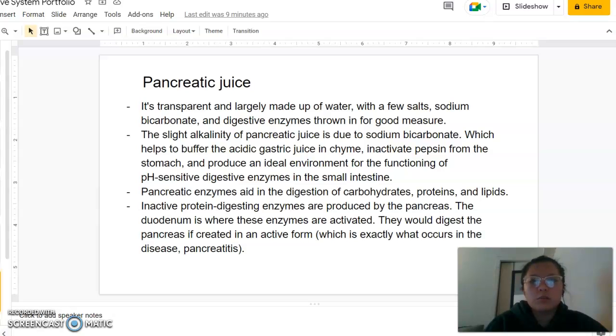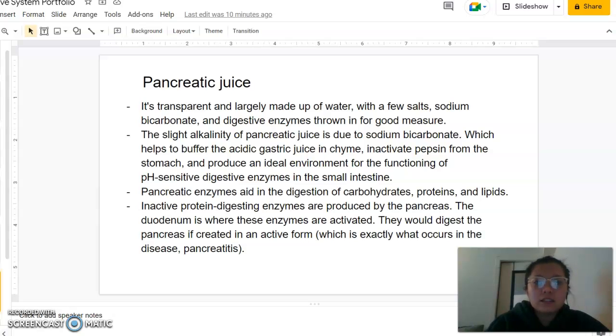Sodium bicarbonate is responsible for the slight alkalinity of pancreatic juice, which has a pH of 7.1 to 8.2, which serves to buffer the acidic gastric juice in chyme, inactivates pepsin from the stomach, and creates an optimal environment for the activity of pH-sensitive digestive enzymes in the small intestine.